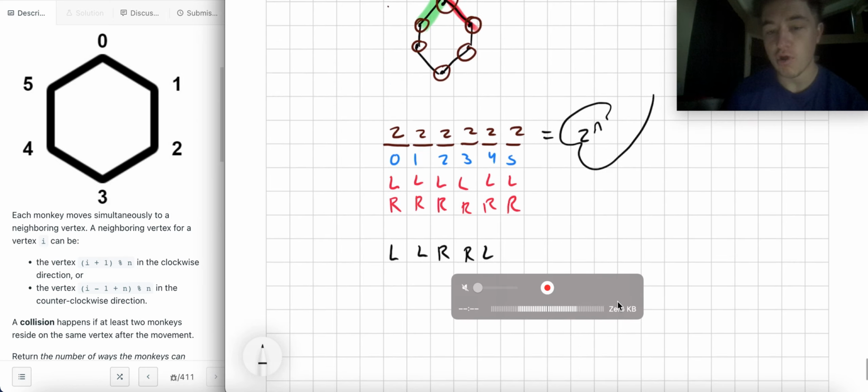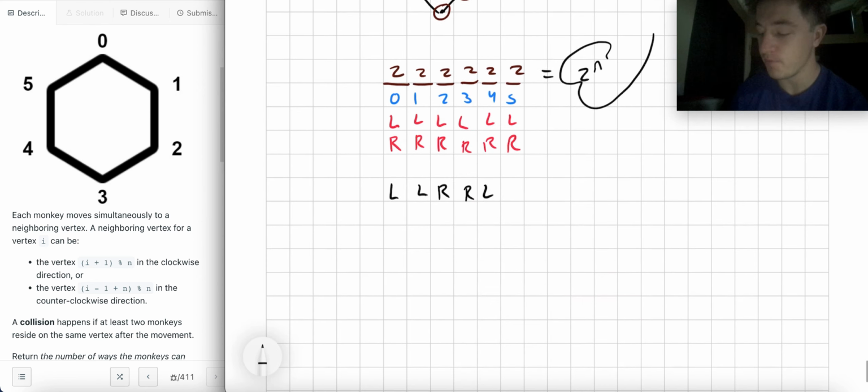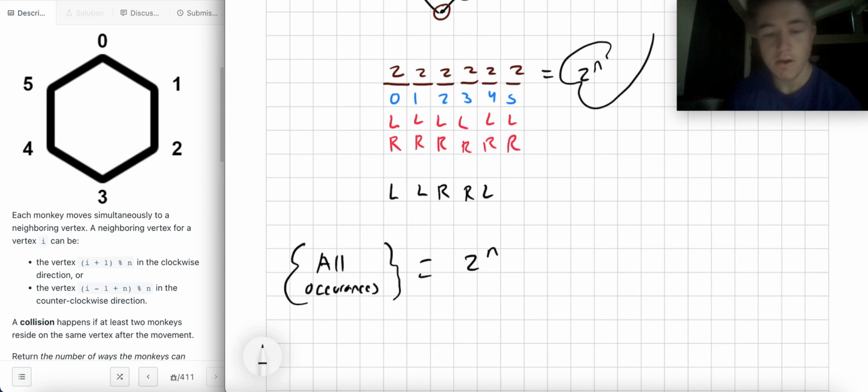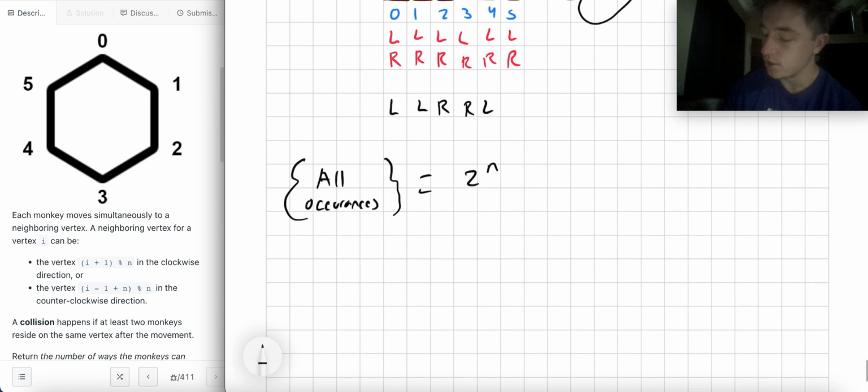All occurrences equals 2 to the n. But you could also say that it equals the number of ways a collision occurs plus the number of ways that a collision doesn't occur.